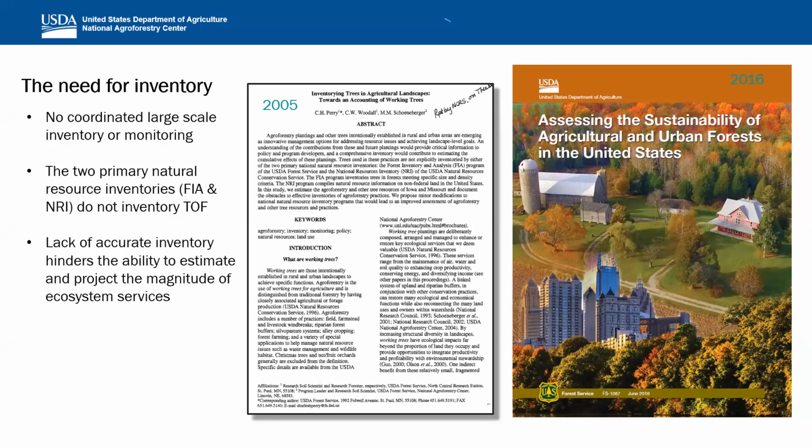So these are a couple of documents I highlighted here that talk about the need for accounting for these trees. A key finding from the report on the right, assessing the sustainability of agricultural and urban forests in the United States, says that, quote, "inventory and reporting activities are sorely lacking for agricultural and urban forests at the national level." The publication on the left from 2005 details inventory gaps and estimates the proportion of trees that are missed by current inventories.